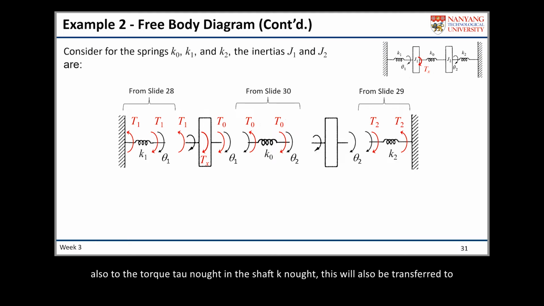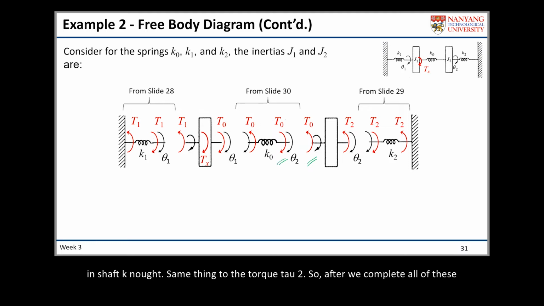This will also be transferred to this J2. If we transfer these two torques, this is what we will have. If you observe it, the reaction torque tau 0 in this J2 is the opposite of the torque tau 0 in shaft K0. Same thing for the torque tau 2.